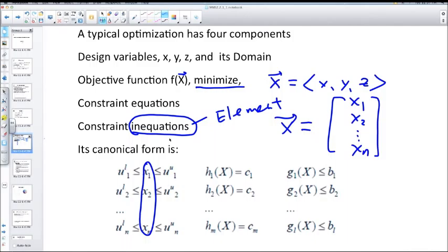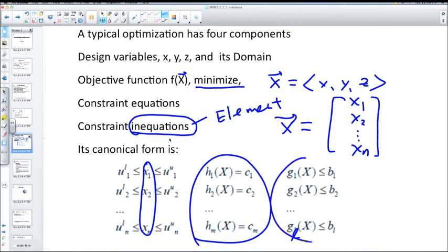And then you have m constraint equations and l constraint inequalities. Pay attention: this is equality, this is inequality. That makes your problem more realistic. So now, with all those constraints, you're going to try to find your minimized solution.